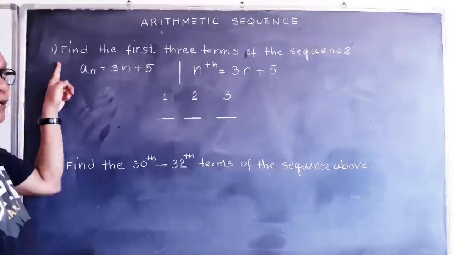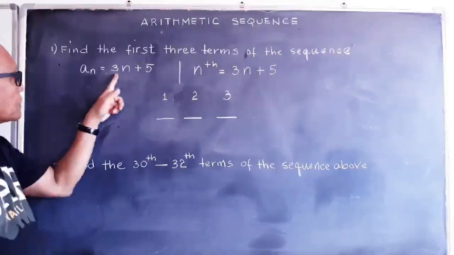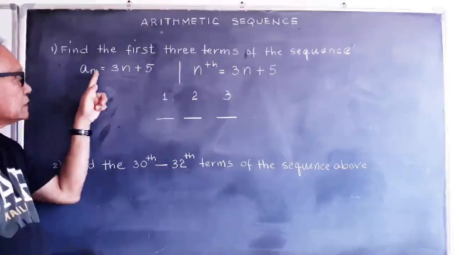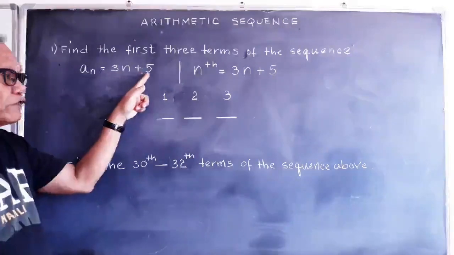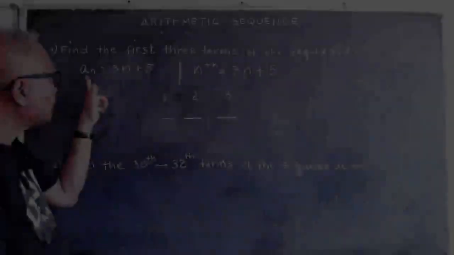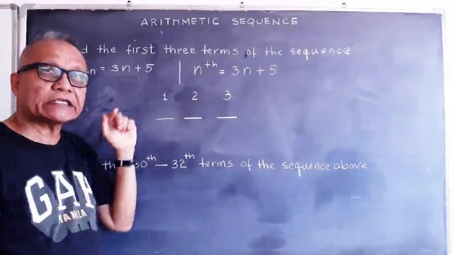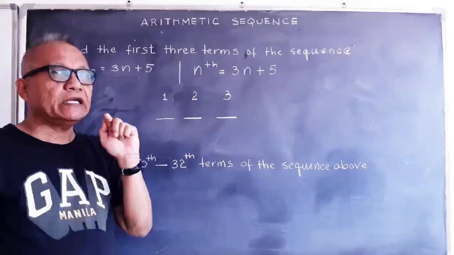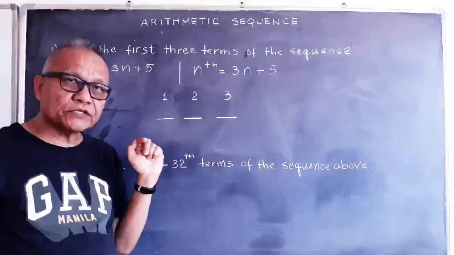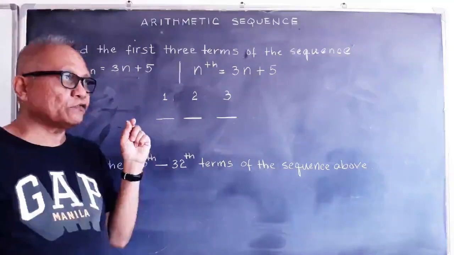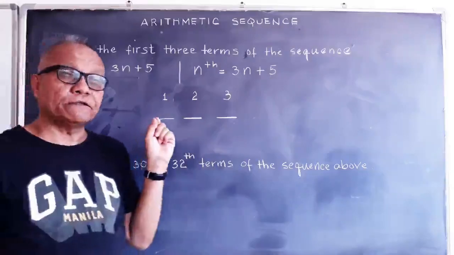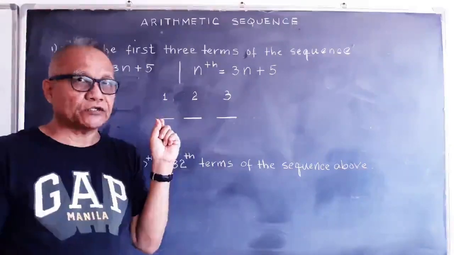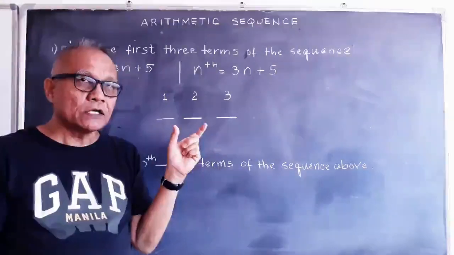But before we proceed to number 1, let me have this one: a sub n equals 3n plus 5. This formula or equation is for finding any term of our sequence. For example, if you want to find the 420th term of our sequence, we can use this formula.